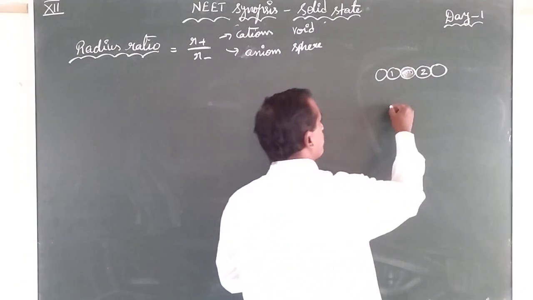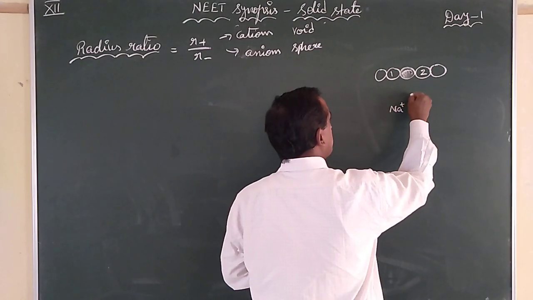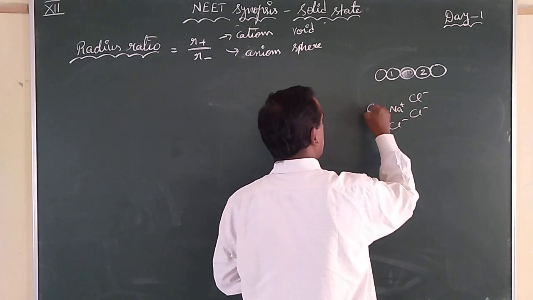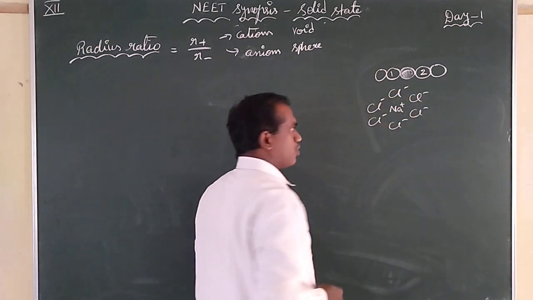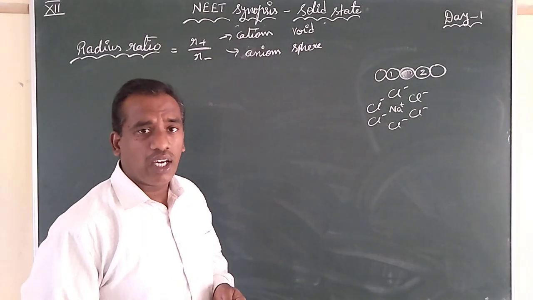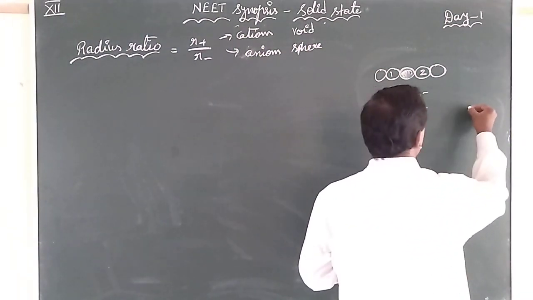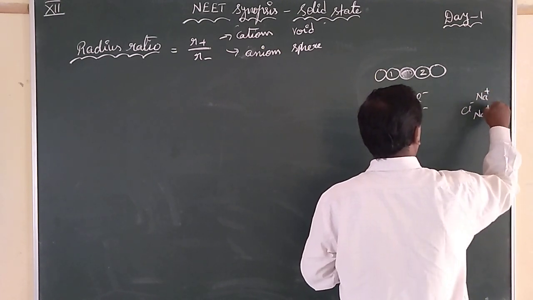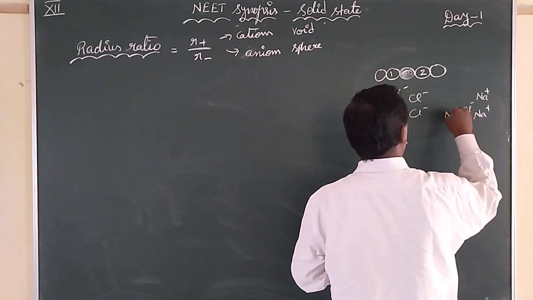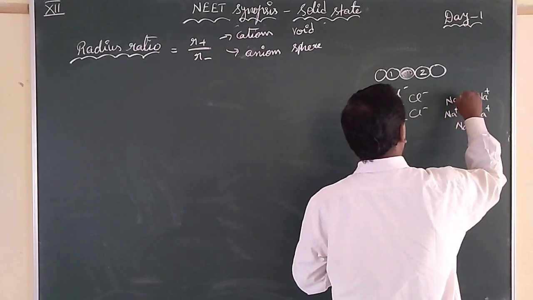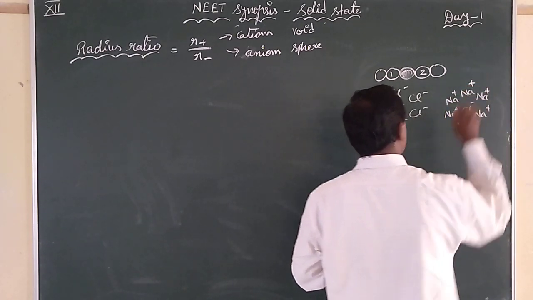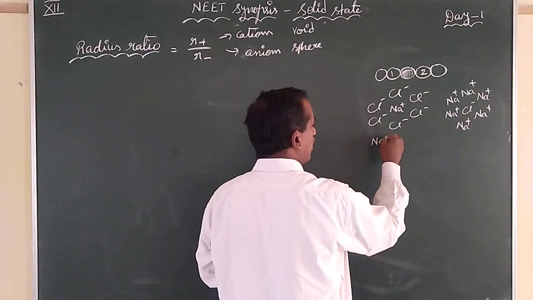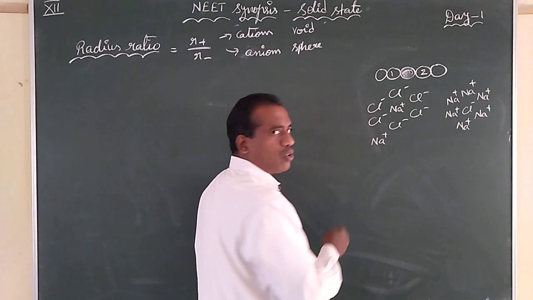In case of sodium chloride, each sodium will be covered with 6 chloride ions, as well as each chloride ion is surrounded by 6 sodium ions. So the coordination number of sodium means how many chlorines it is covered by?